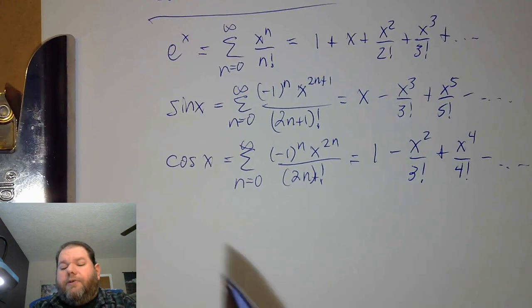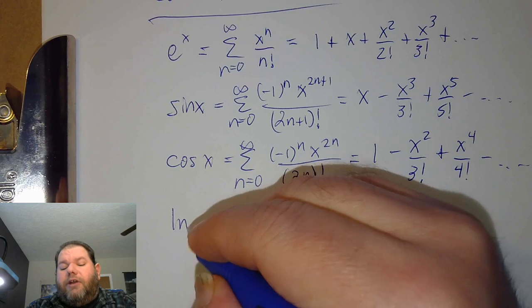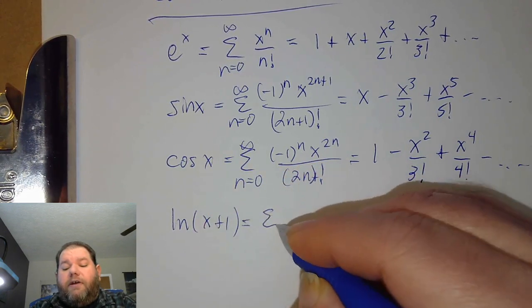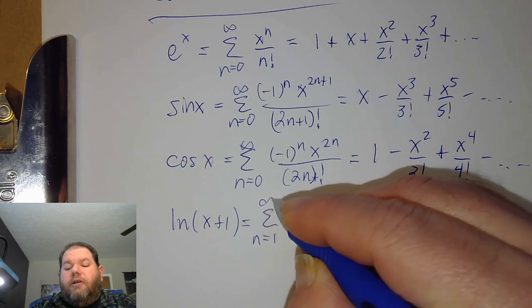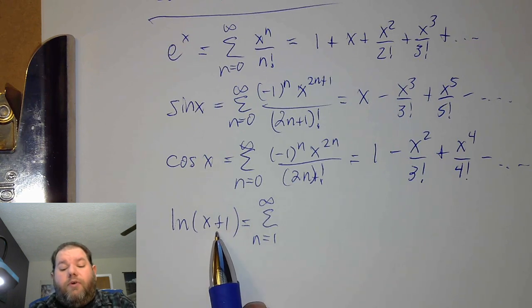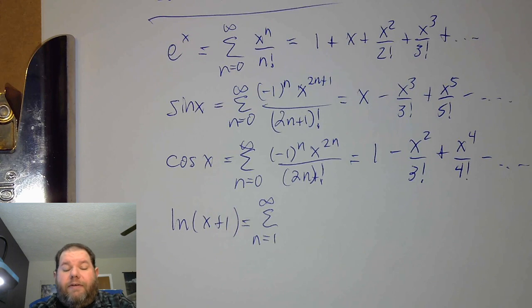Let's see, some other common ones. Natural log of x plus 1 is another one that we sometimes identify. Interestingly, it starts at n equals 1 instead of n equals 0, largely because natural log of 1 is 0. That's kind of the foundation of that. Gosh, I forgot what the series was.